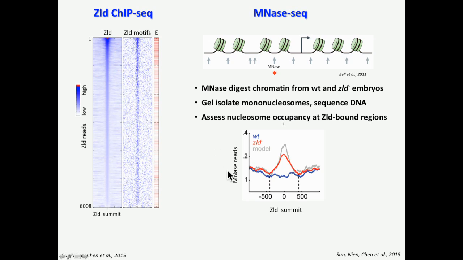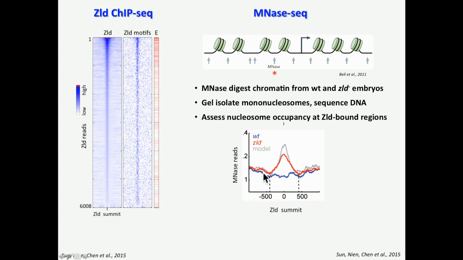And so what we're looking at here now is the top 1,000 Zelda-bound regions which are enriched for those early enhancers. So basically, we're looking at enhancer regions. We're aligning them at the Zelda summit. And we're looking now at MNase reads. So when you have high MNase reads, that means that you have high nucleosome occupancy.